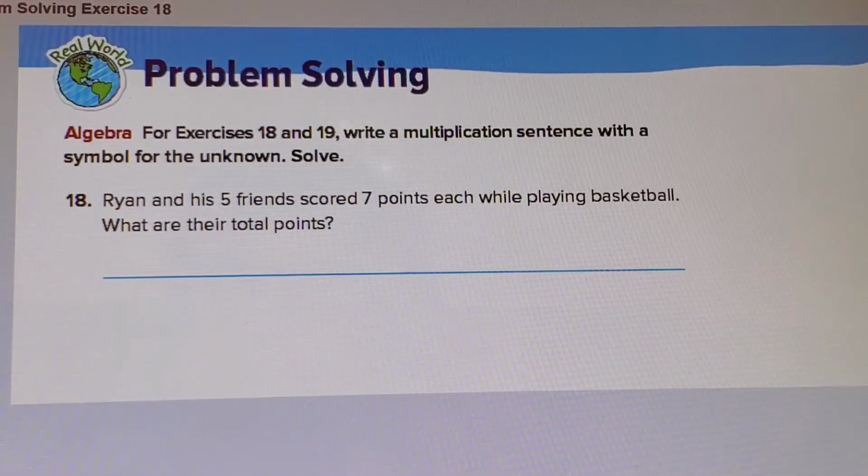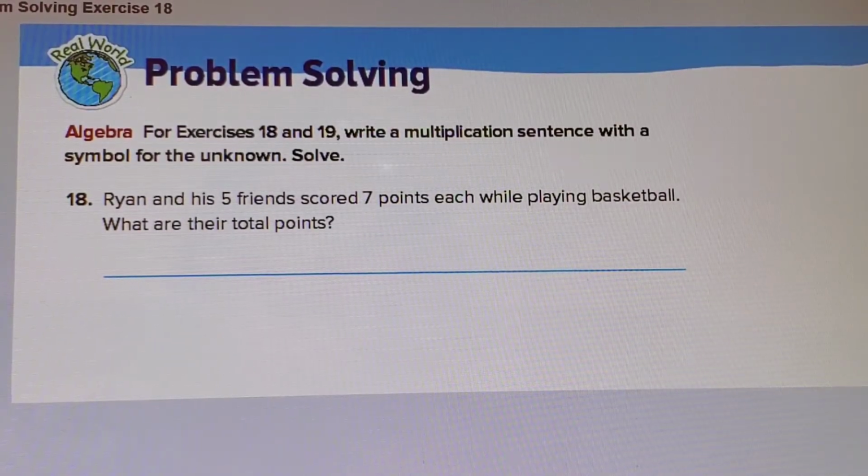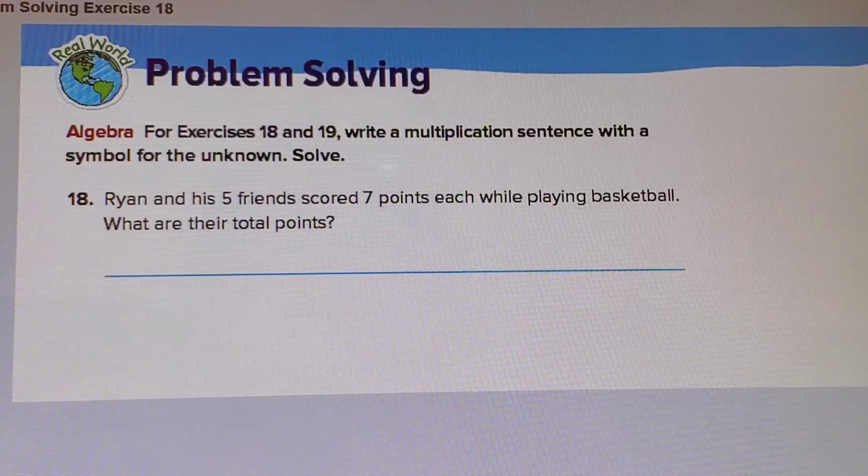Problem solving. Algebra. For exercises 18 and 19, write a multiplication sentence with a symbol for the unknown. Solve. Ryan and his 5 friends scored 7 points each while playing basketball. What are their total points? Well, first you have to find out how many people were playing.